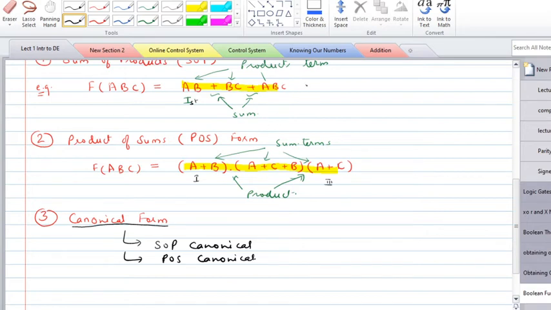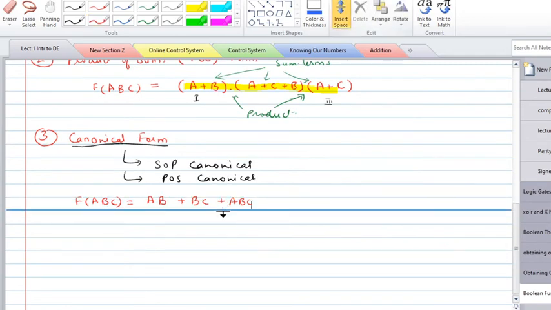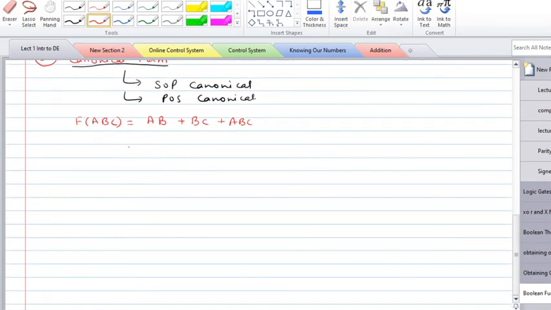Now how can we convert this SOP form into SOP canonical form? Again consider the same example. Suppose we want to convert this function f(a, b, c) of SOP form into canonical form. Look at the first term: which variable is missing?